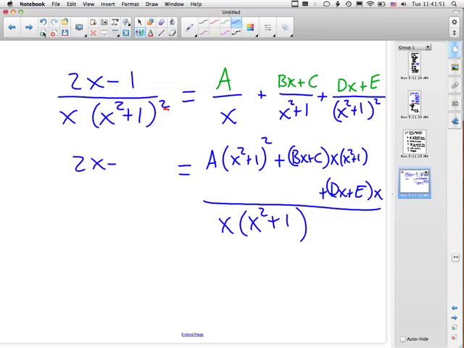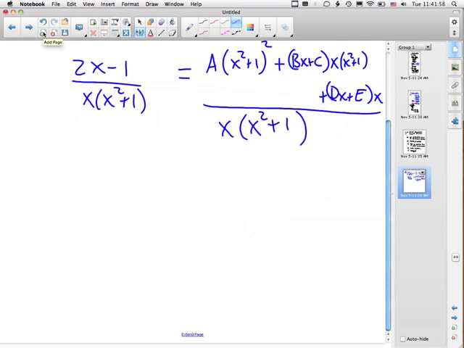And that's equal to 2x minus 1 over x times x squared plus 1 squared. Our denominators are the same, so we can start ignoring them. 2x minus 1. And now we get to multiply everything out. This is x squared plus 2x plus 1. So we have ax squared plus 2ax plus a.